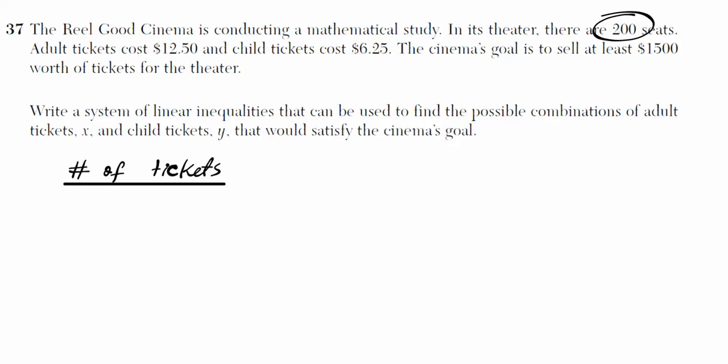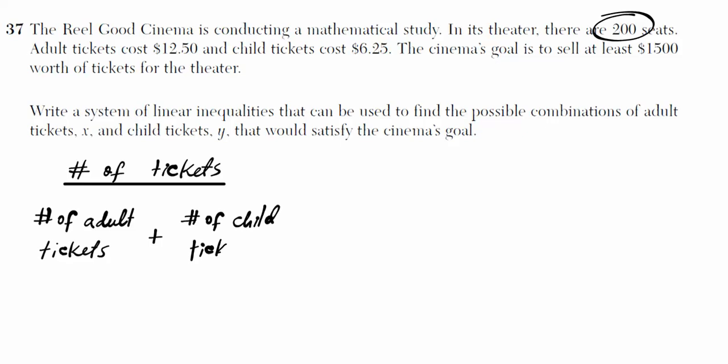Okay, so let's go ahead and set up our number of tickets equation. So what we have is the number of adult tickets plus the number of child tickets cannot exceed the number of seats.